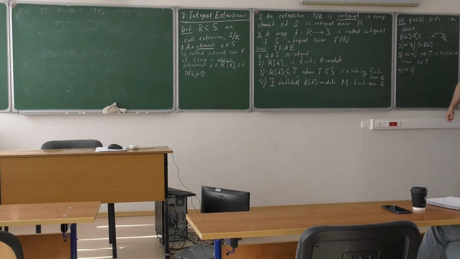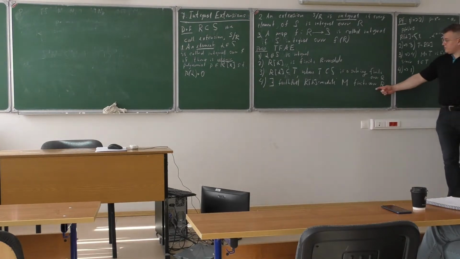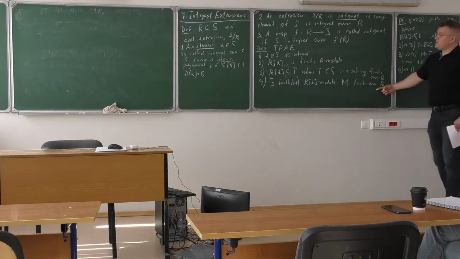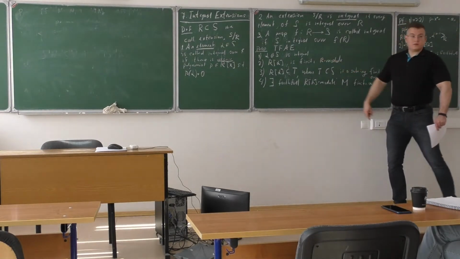Okay, and finally, the last step: why 4 implies 1. So I have such a module. I want to derive that for this element alpha, there is an equation of integral dependence.